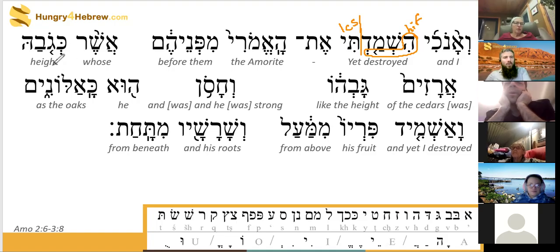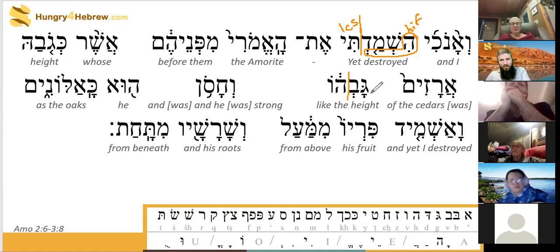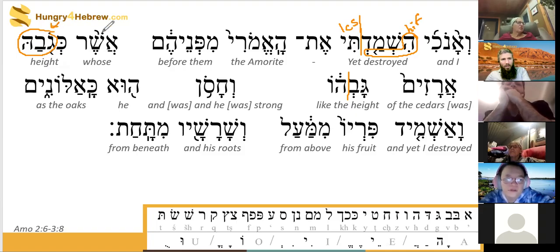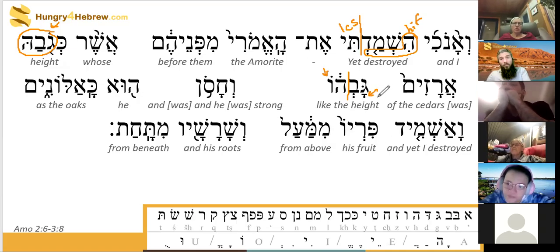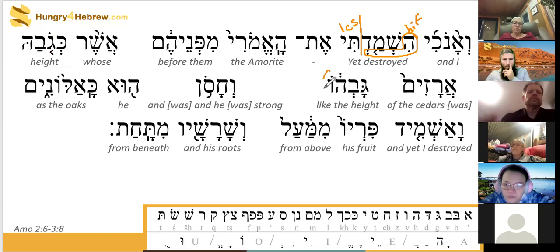Asher kegovah arazim govho. Govho. This is a kamatz katan because the word govah has a holam, and here with the pronominal suffix, it loses stress, goes down to kamatz katan, but it's the same word. Gova, govho. Cool. I want to know, what is this O referring back to?